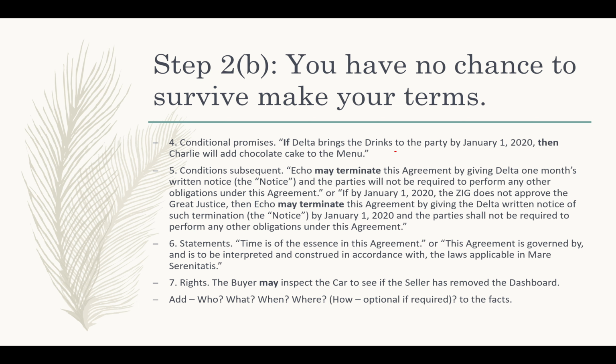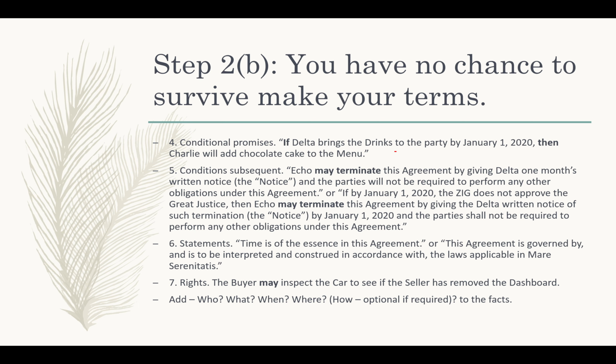If the situation or event never happens, then the right or obligation never arises. An example is: if X happens to Y by a certain date, then X will do Z to something else. That's basically a conditional promise.